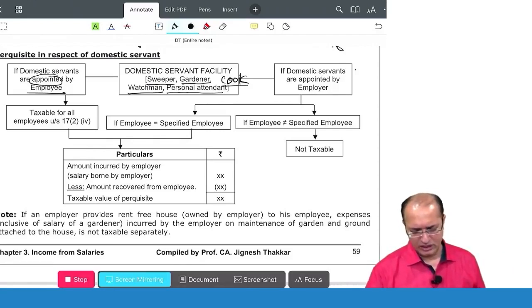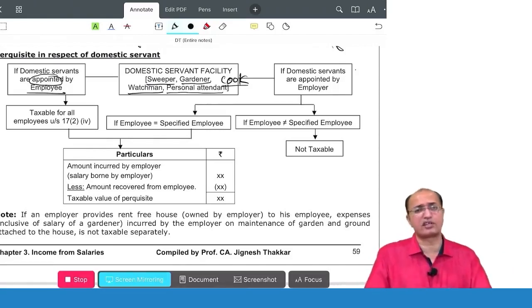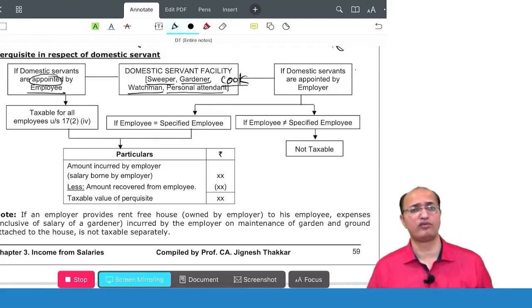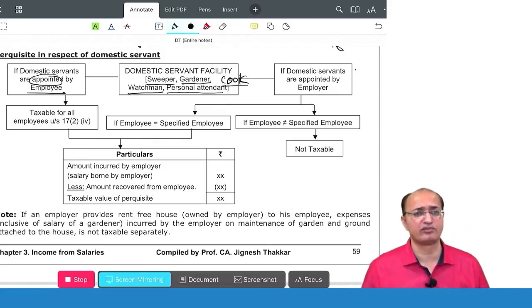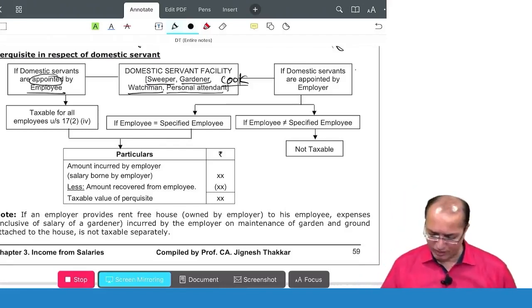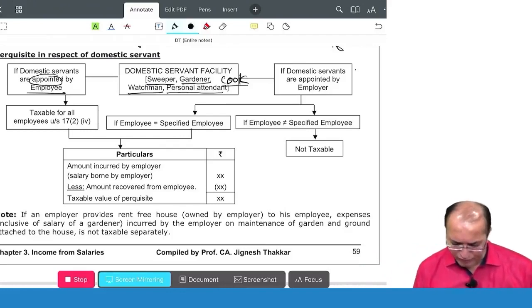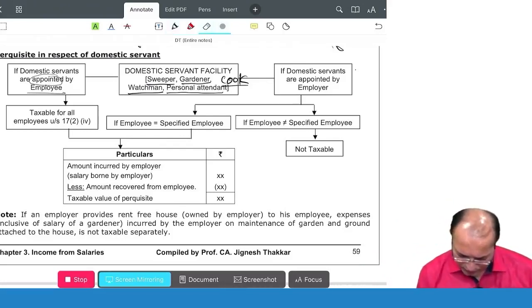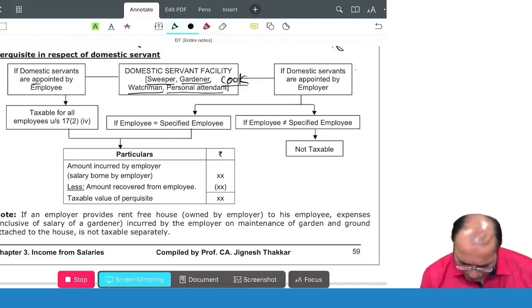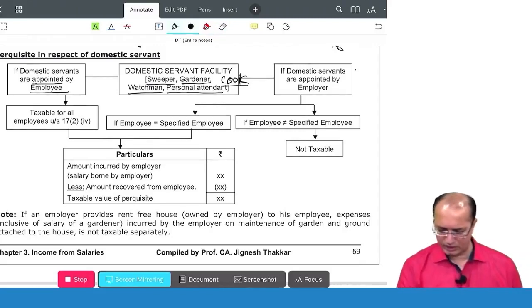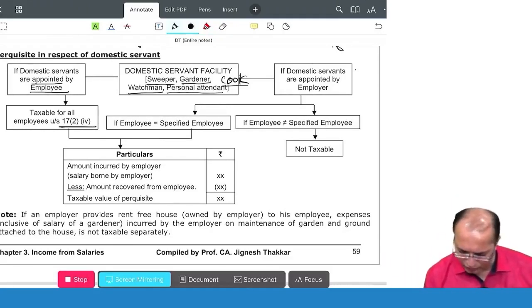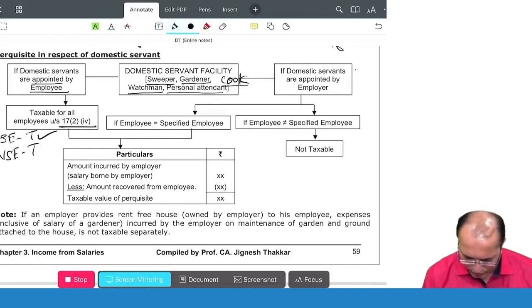In both cases, the perquisite is covered by section 17(2) clause 4. If it is covered by 17(2) clause 4, then it will be taxable in case of specified as well as non-specified employee, because it is in the nature of a monetary benefit given to the employee. So if the domestic servant is appointed by the employee, that will be covered by 17(2) clause 4. It is taxable for specified employee as well as non-specified employee.